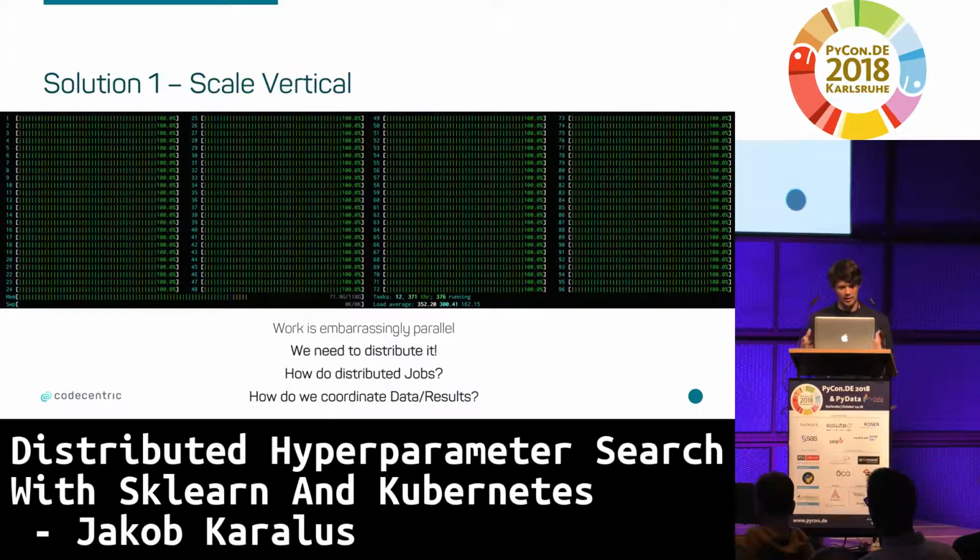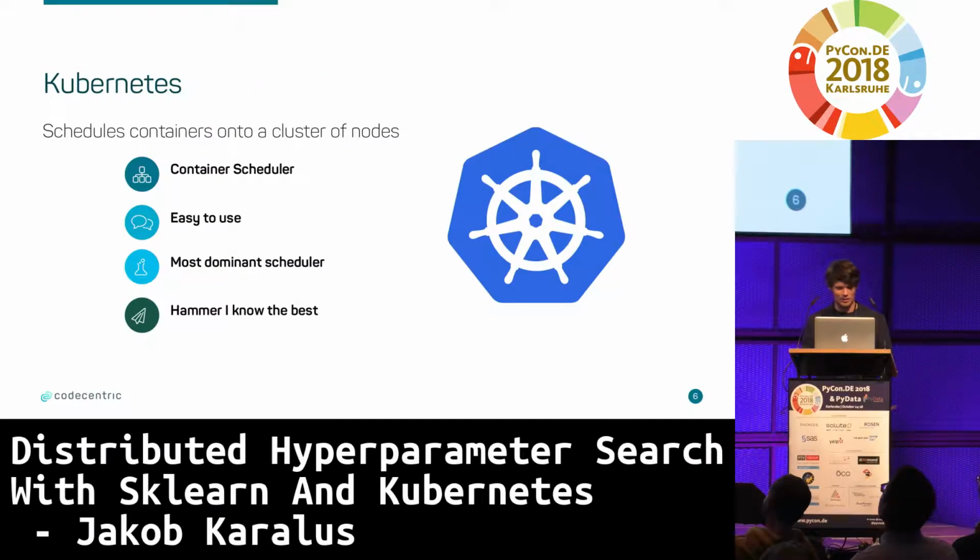So then we had two questions: how do we do the whole distribution thing, and how do we coordinate the data and results. For the distribution, like the title already said, we used Kubernetes. If you haven't heard of Kubernetes, I doubt it, because it was quite hyped already.